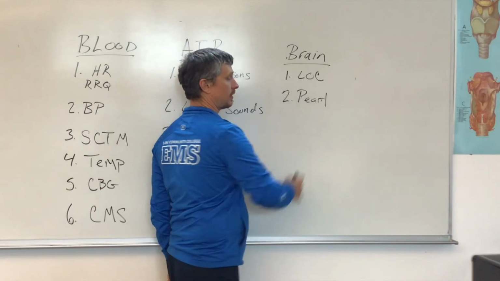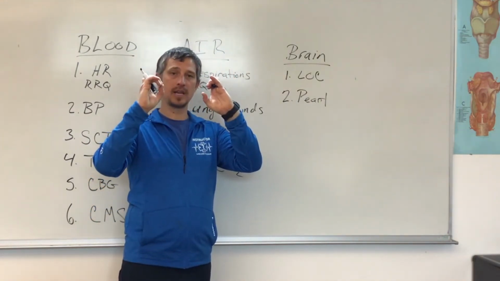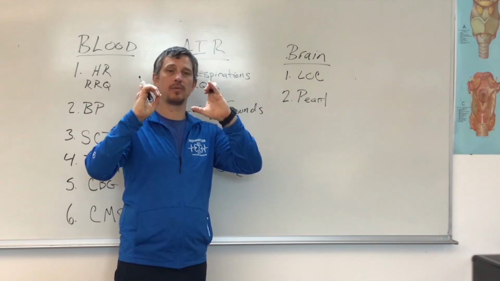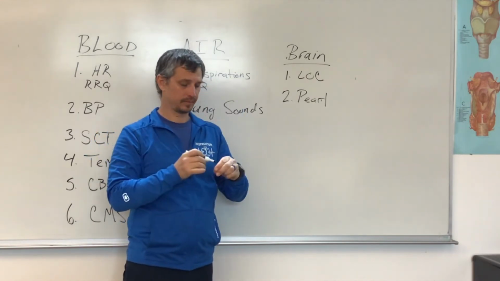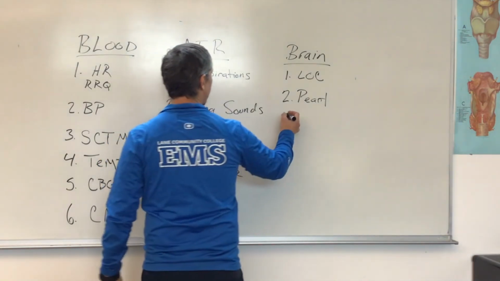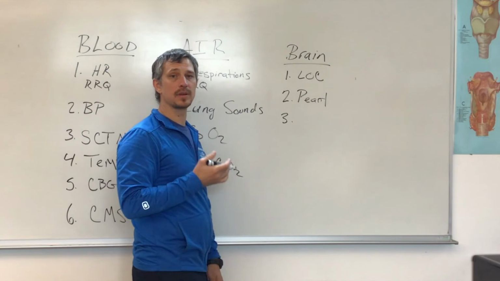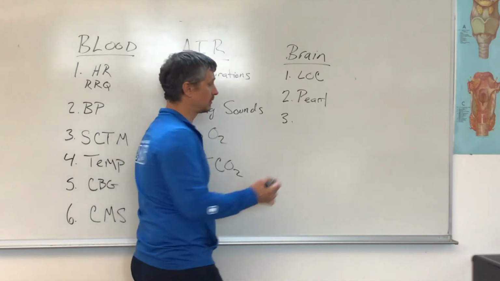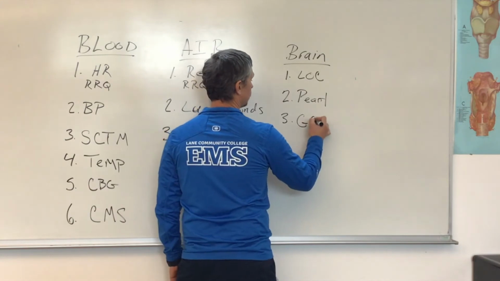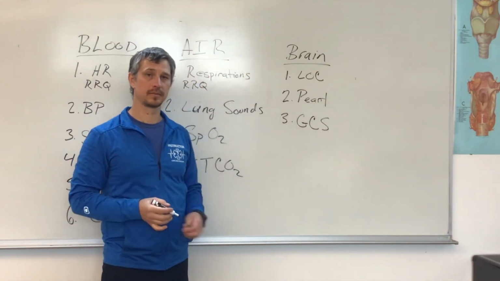Another R in there for you. So we're going to look at our pupils to see if they're equal, if one's larger than the other, one's smaller than the other, and if they both react to light. And then we also, under brain, have something we call GCS, or our Glasgow Coma Scale. And we'll go over that further in another lecture.